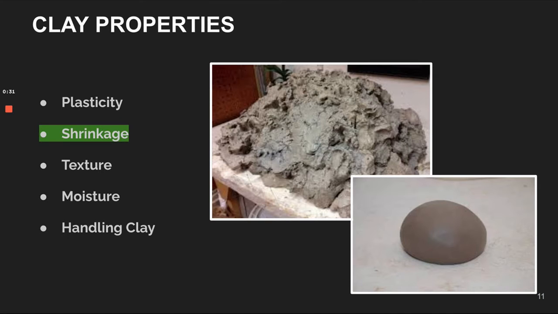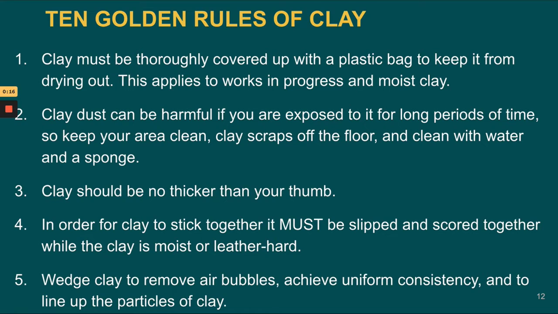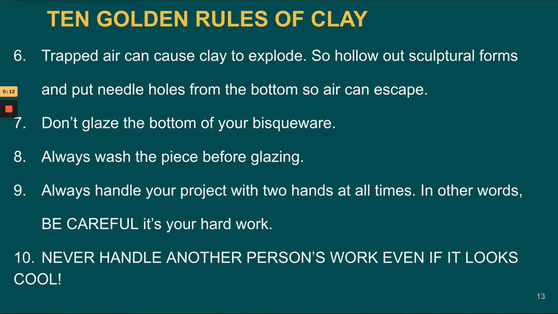Again, project shrink. I'm going to ask you to build to a certain height in this project, and you're going to have to build past that height because when it fires, that clay will shrink ever so slightly, and you want to make sure you're still exceeding the expected guidelines. There's the 10 rules of clay, which I'm not going to go over because we've gone over them last class, but revisit them if you don't remember.